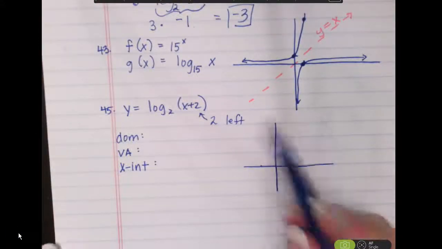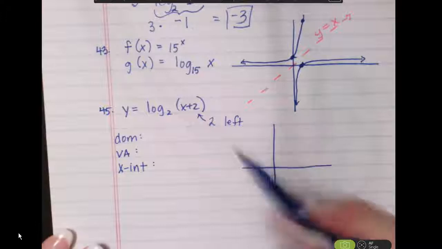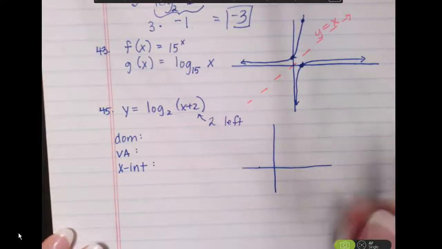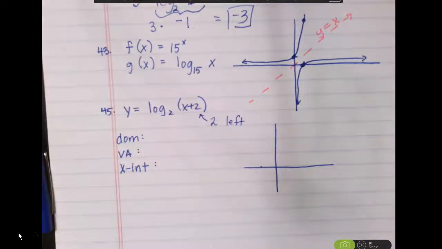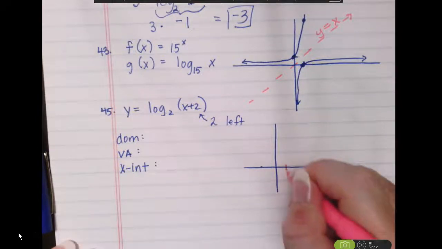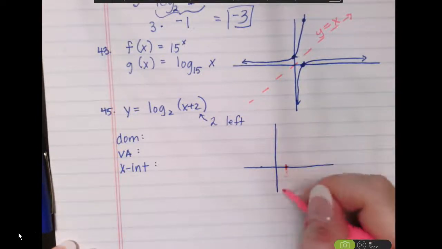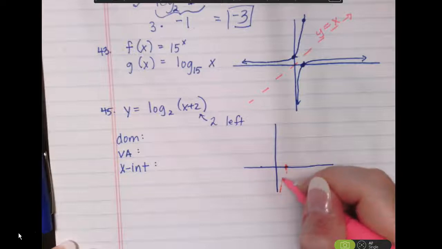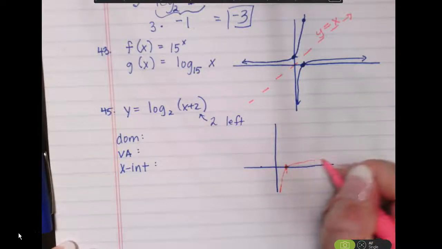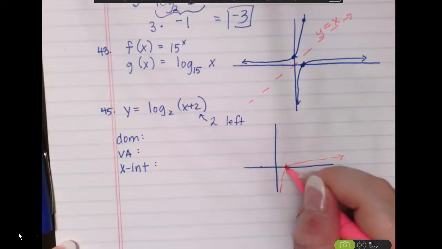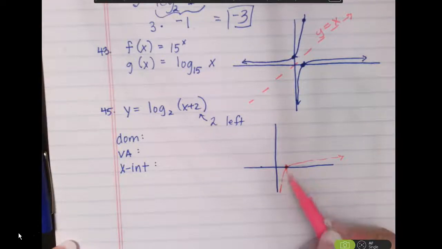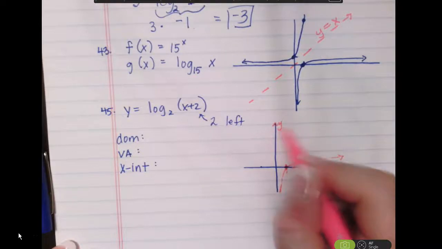Okay, so since we're going 2 to the left, we kind of want to think about what the domain is of the parent function. And let me sketch the parent just really lightly on here. The parent function would have this critical point at 1, 0, and it's got a vertical asymptote at the y-axis.